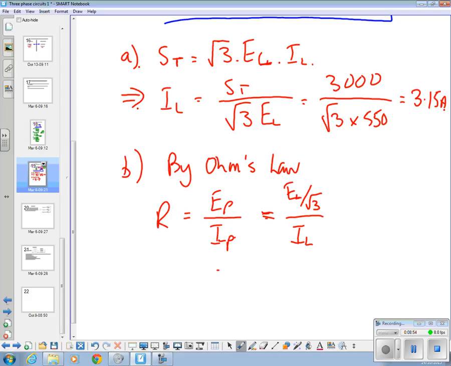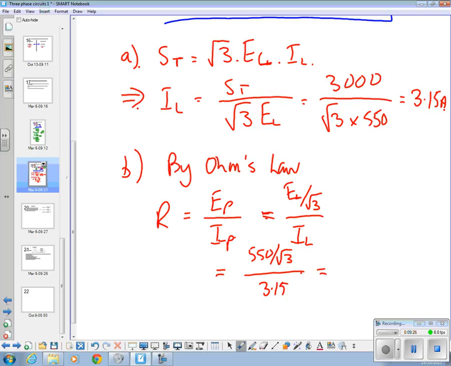So that equals 550 over root 3, all divided by 3.15. And this subbing in of the full value means you don't do a rounded voltage calculation and then put it in and round again.